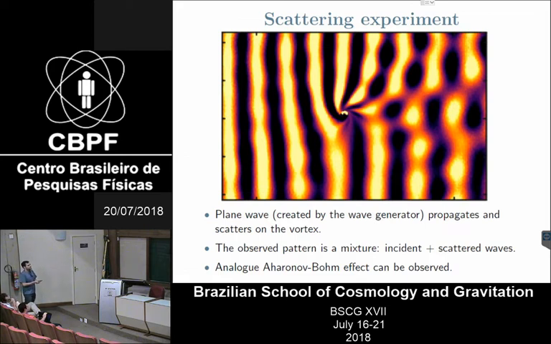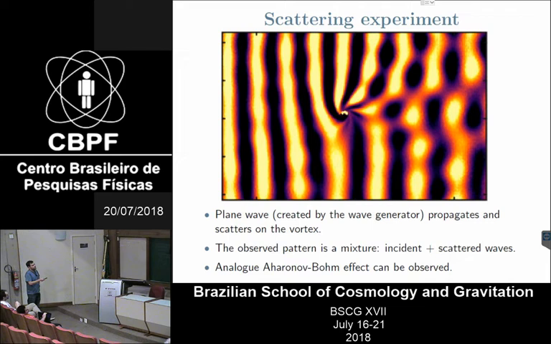You can see an interesting effect here, which is the analog of the Aharonov-Bohm effect. Since the vortex is flowing this way, down here below the drain your wave is going from left to right, and the flow is also going from left to right.